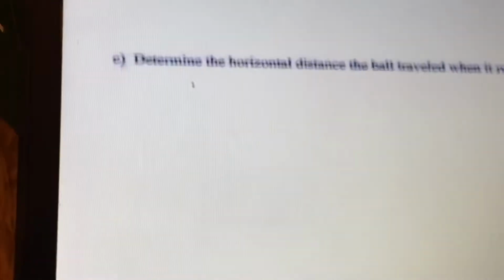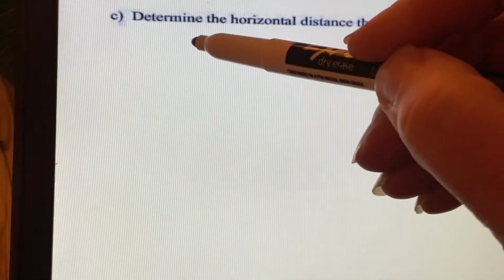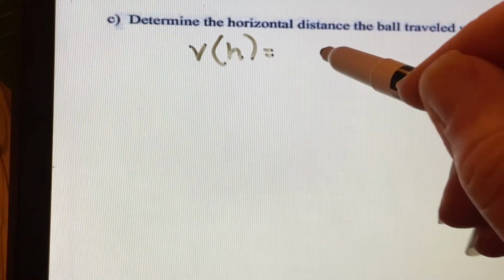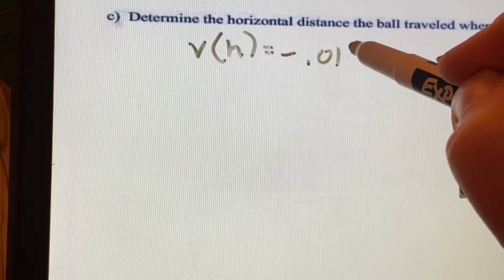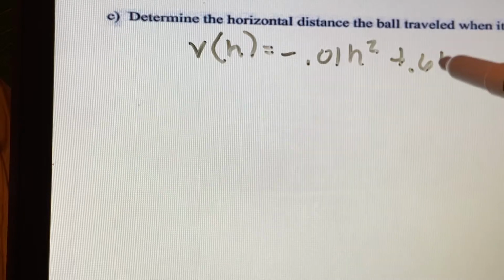So what we do here: reached a height of 6 meters. So we had V of h equals negative 0.01 h squared plus 0.6 h.